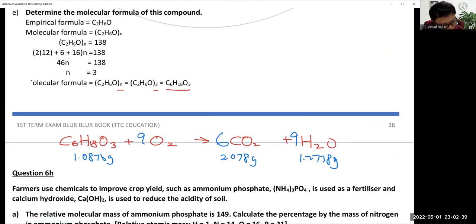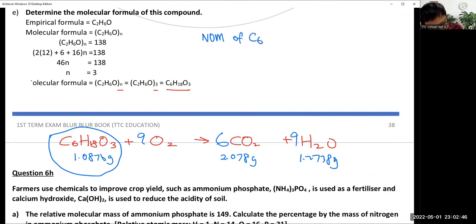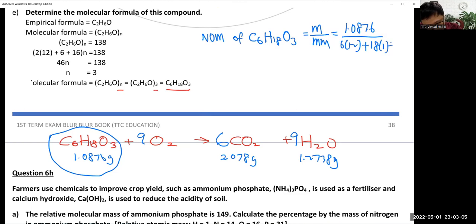Okay, look at this, the number of moles of C6H18O3 equals mass over molar mass. So the mass here is 1.0876 divided by the molar mass, which is 6 times 12 plus 18 times 1 plus 3 times 16.